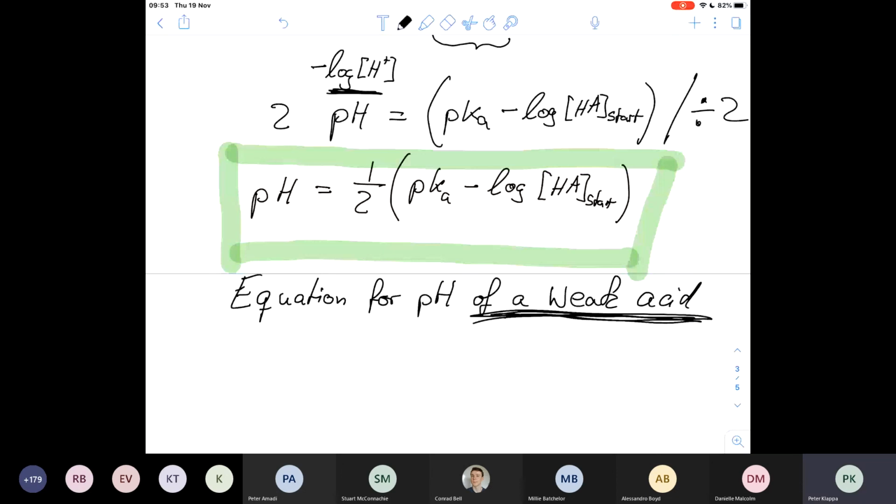You do not need to remember how you get to it, but you need to be able to use this equation, and you need to remember what this equation is.